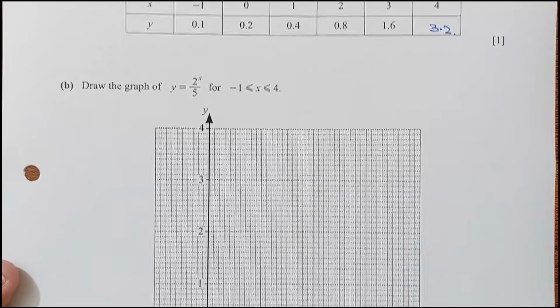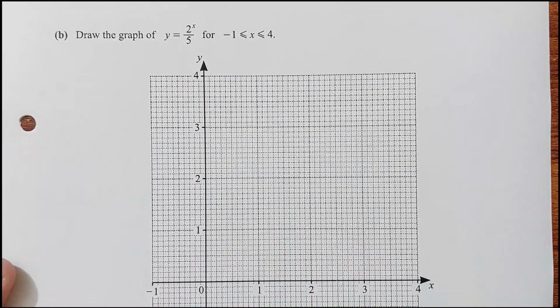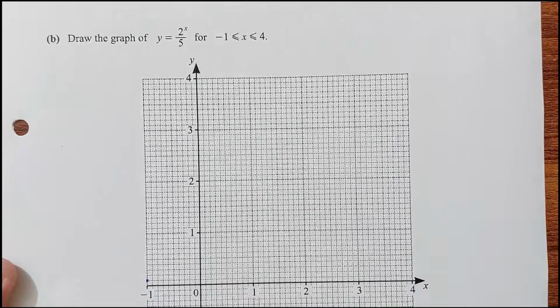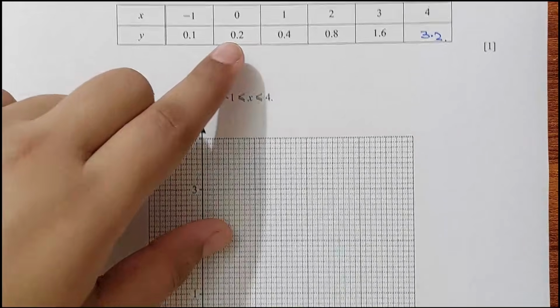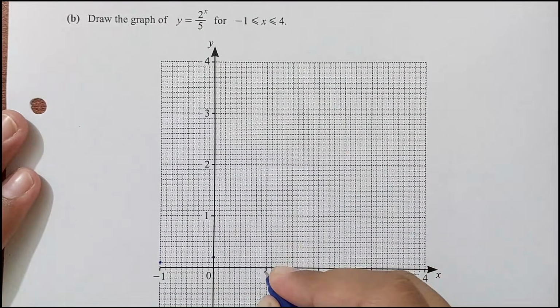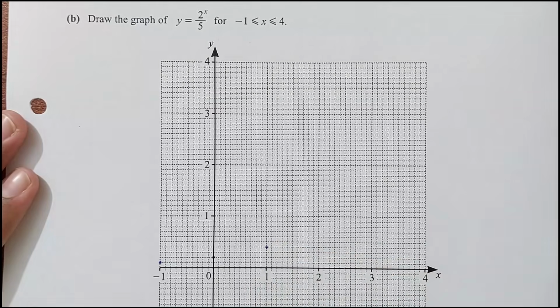Let me start with when x is -1, y is 0.1. At x equals 0, y is 0.2. At x equals 1, y is 0.4.